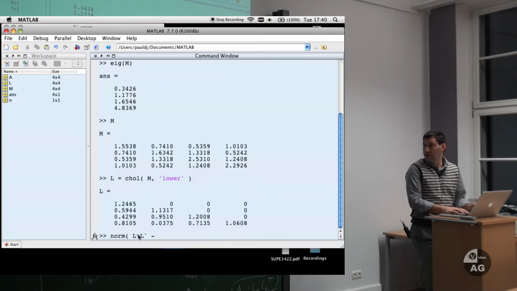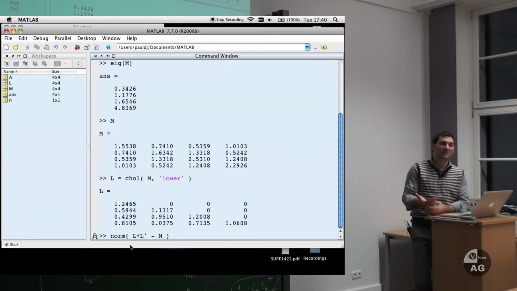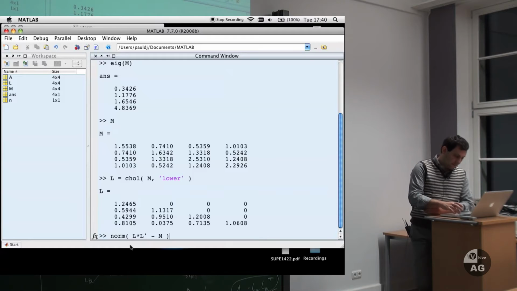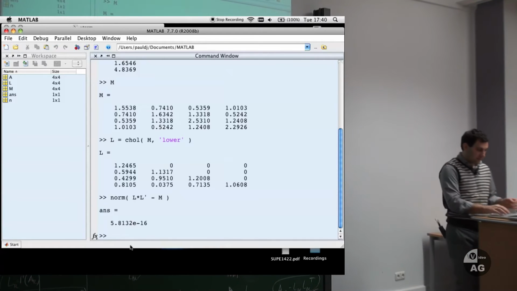So the product of L times its transpose should be M. I subtract the product from the original input. I compute the norm. We want this to be? Please, it cannot be 0. It's floating point numbers. It should be? Yes, something of the order of 10 to the minus 16. Very nice.